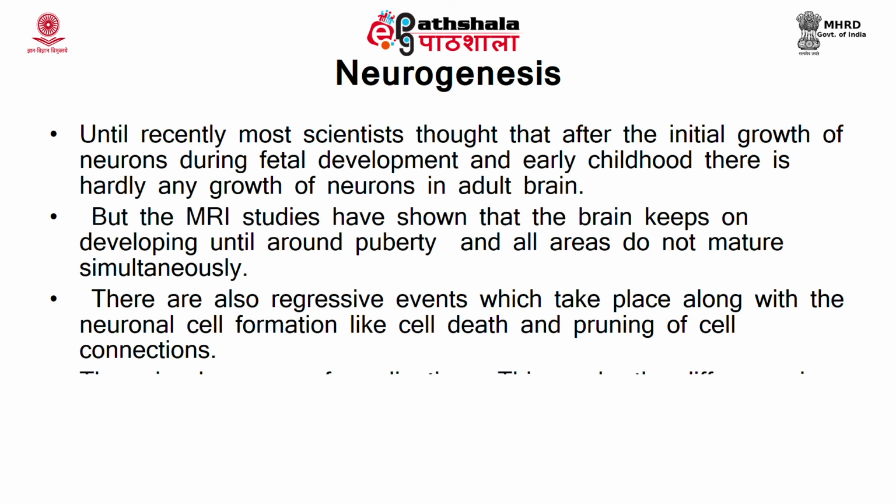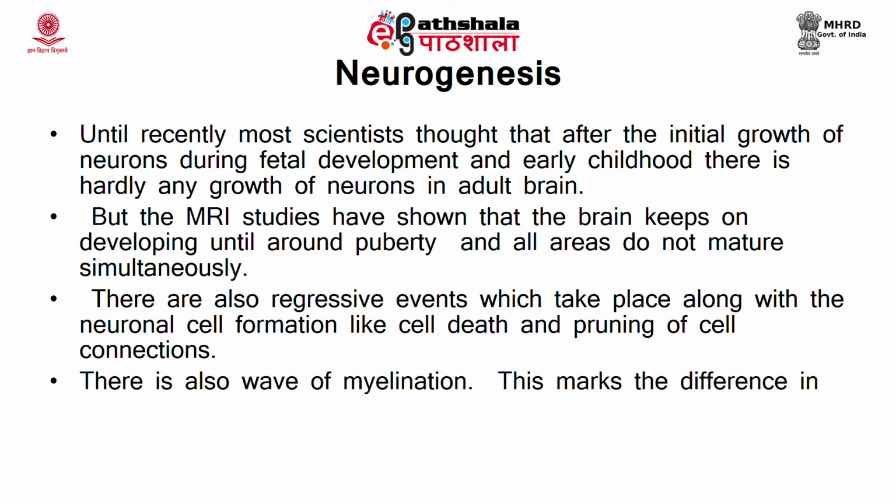There is also a wave of myelination, in which myelin sheath is developed around the cells. Now, this marks the difference between the brain in early puberty and the adult brain. So, the myelination happens in the later part of puberty.